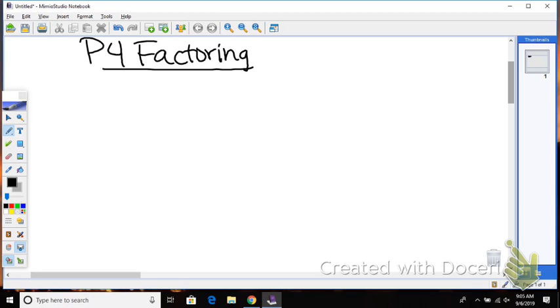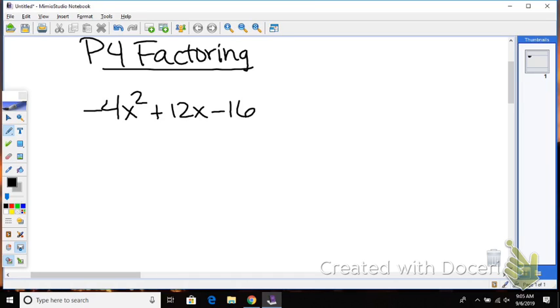Okay, so if I give you something like this, let's look at this right here: negative 4x squared plus 12x minus 16. I want to factor out a monomial, which is just a fancy word for one term. I want to factor out the one thing they have in common.